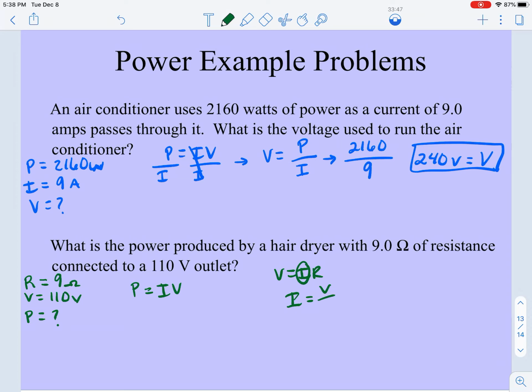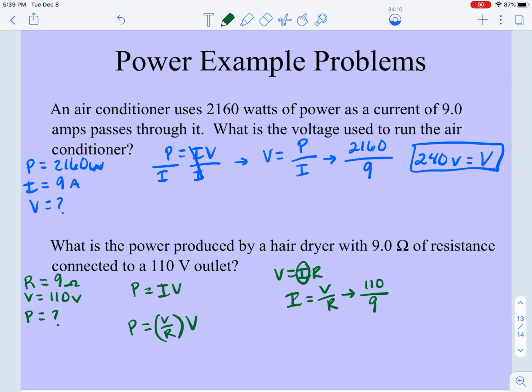So I'm going to need to go and figure out what that current is. Now we can do this one of 2 ways. We can make it a 2-step problem. We can use V equals IR and rewrite this formula to figure out what my current would be. We can perform this calculation over here and get a value and then plug it in, which is probably what most students would choose to do.